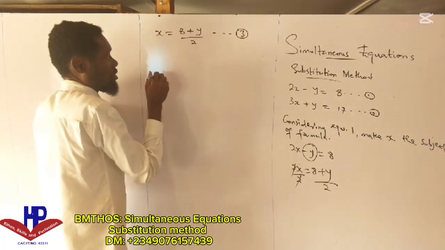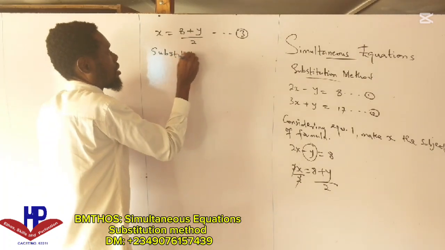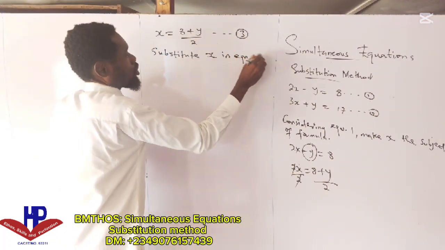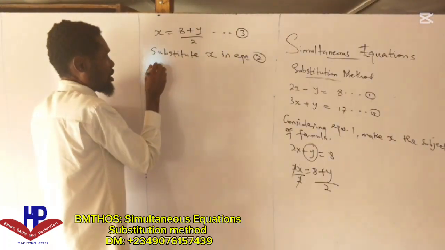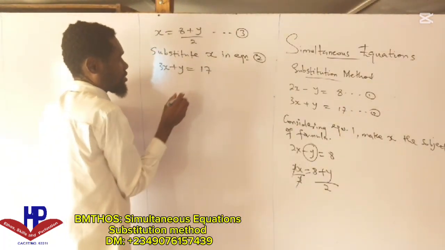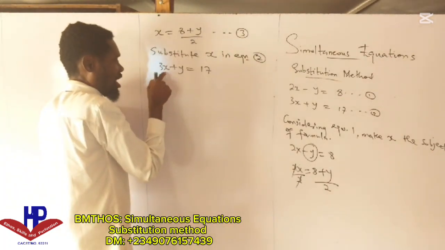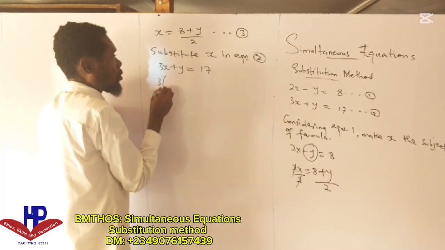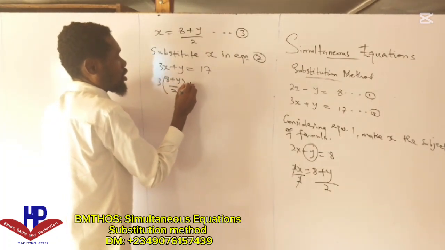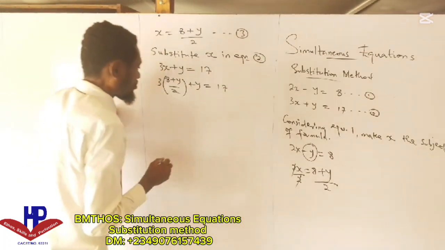So we have, substitute x in equation 2. Our equation 2 is 3x plus y is equal to 17. If I put 8 plus y over 2 in place of x, I'll write 3 into (8 plus y over 2) plus y is equal to 17.